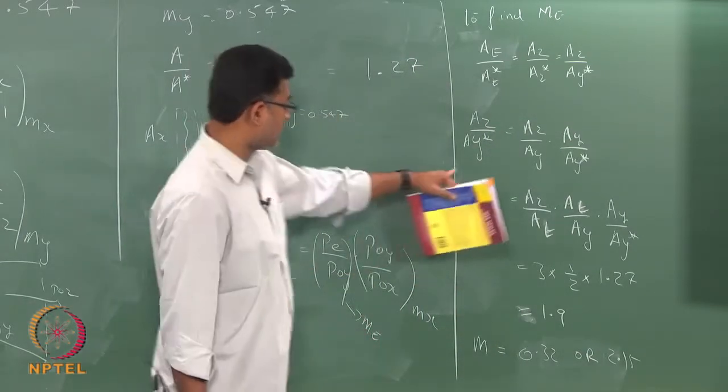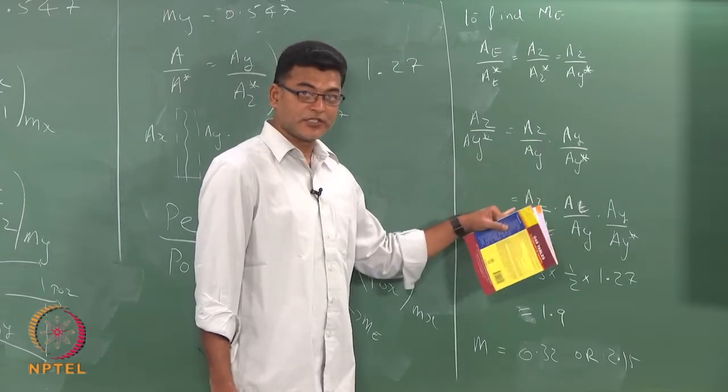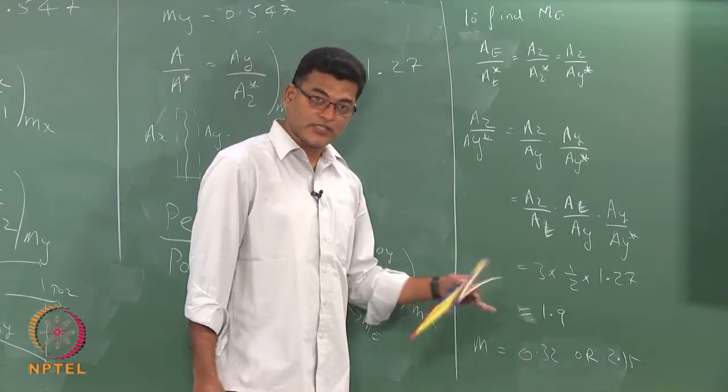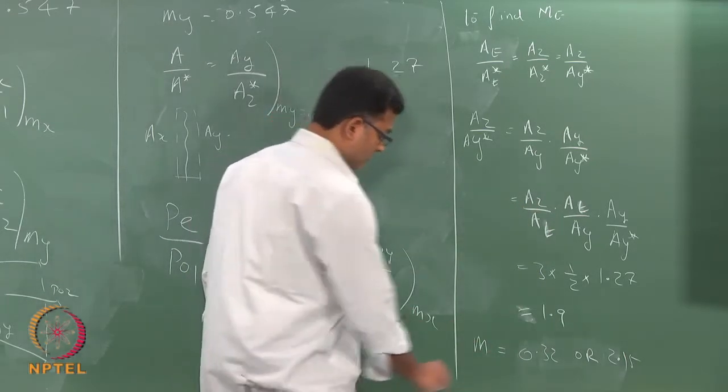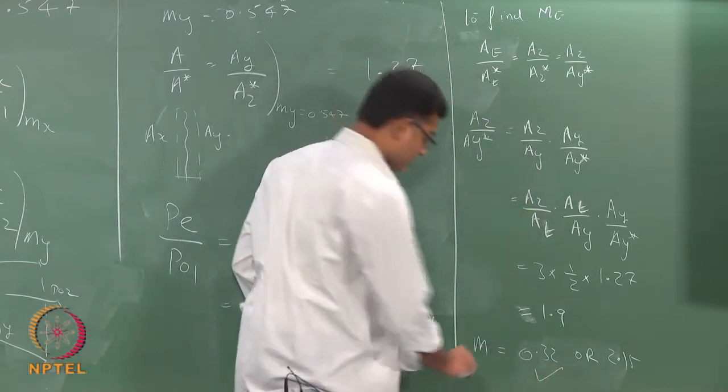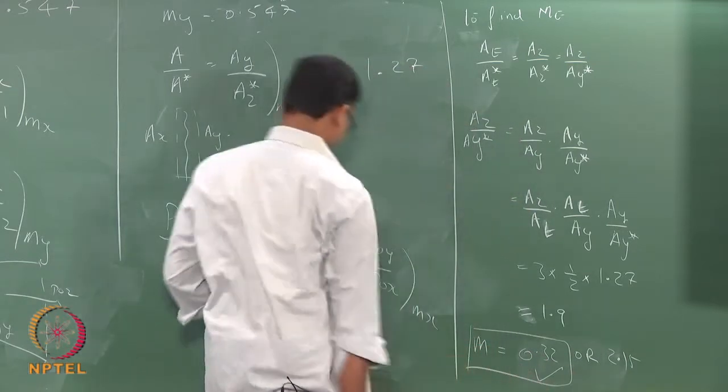Now we are talking about a section which is after the shock, so the supersonic solution cannot happen there; it is always the subsonic flow. So this is our M exit.